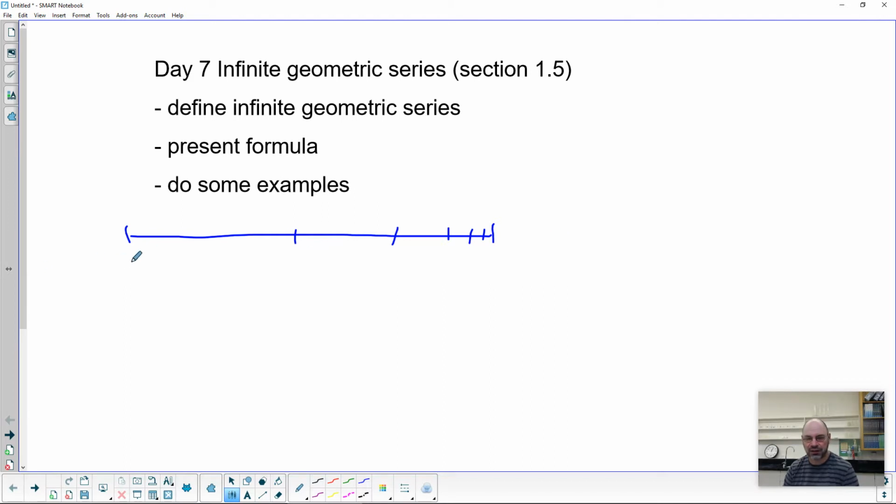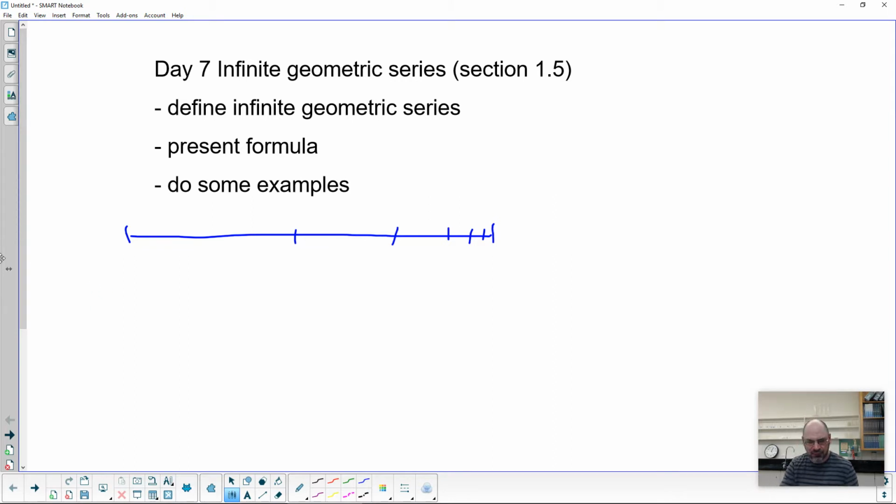So that's how an infinite geometric series works. It's really important that the ratio is less than 1 and not negative as well, as we say. So let's define what an infinite geometric series is first.